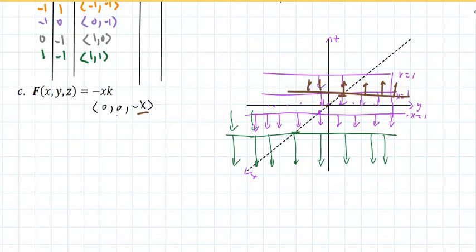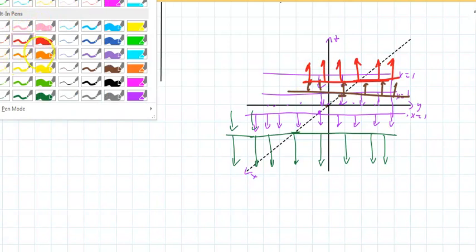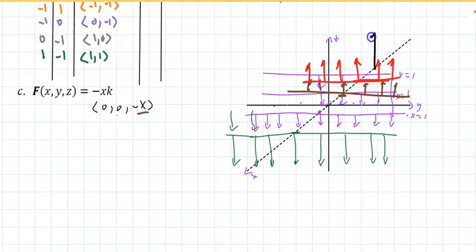If I move to negative 2, 0, 0, 2, so it seems the further I move back, the higher this is going to go.